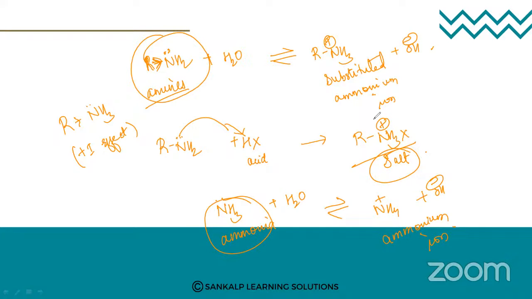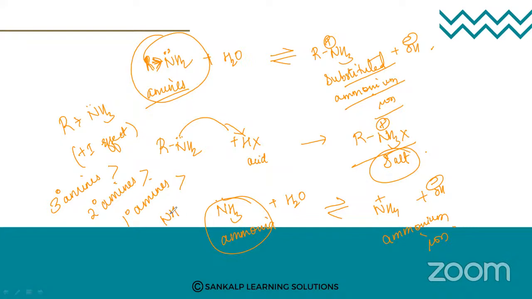Now here we can see it also forms the substituted ammonium ion. This substituted ammonium ion is stabilized because of the presence of the positive charge. So the basicity of aliphatic amines increases with increasing number of alkyl groups. When we talk about tertiary amines, they are more basic than secondary amines, and then primary amines. What is the reason?